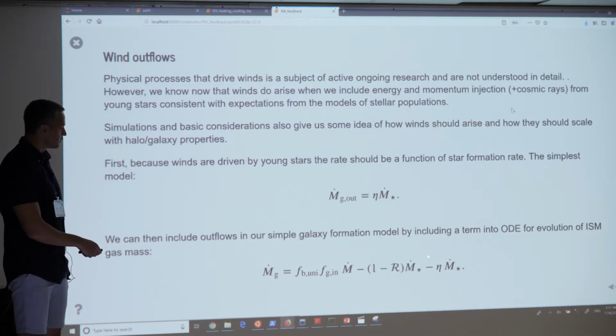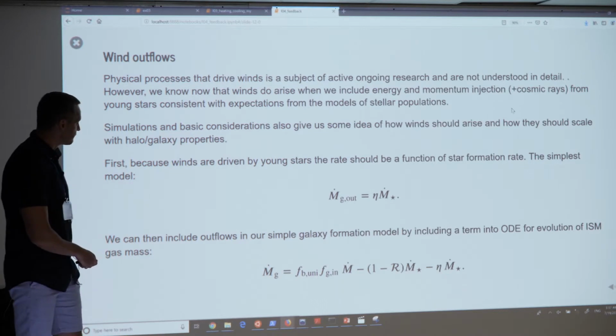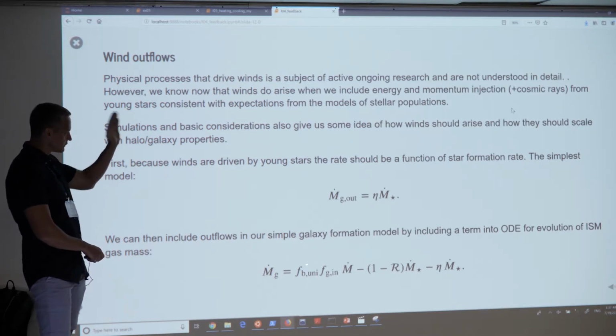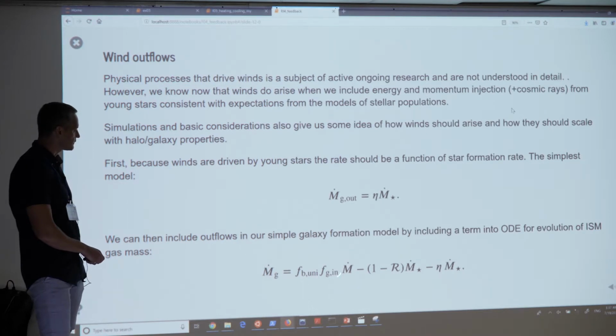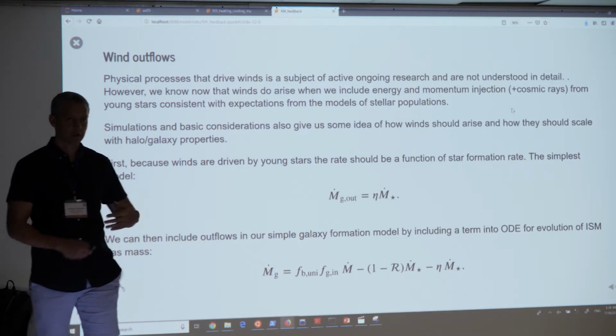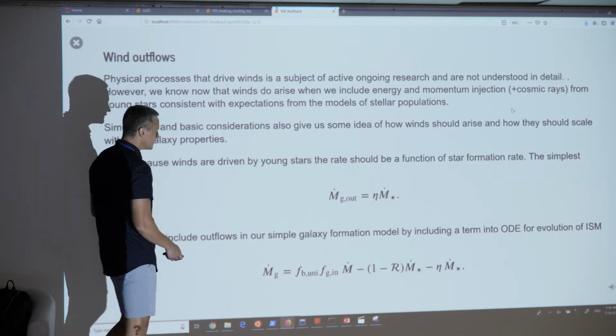We can easily include this process in our model by modifying the equation for the evolution of gas in the interstellar medium of the galaxy, which before included just two terms: the mass accretion rate onto the halo, modulated by the processes we considered, UV heating and suppression of accretion in massive galaxies, and the star formation rate. Now we can also add removal of gas by these outflows into this equation, right? So it's a relatively simple modification of this model.